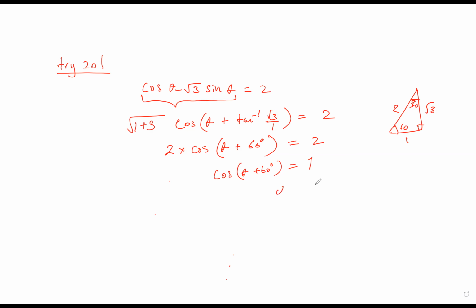So alpha is equal to cosine inverse 1. So you get that as 0 and 360. So bring the 60 over, you get theta equal to negative 60 or 300.